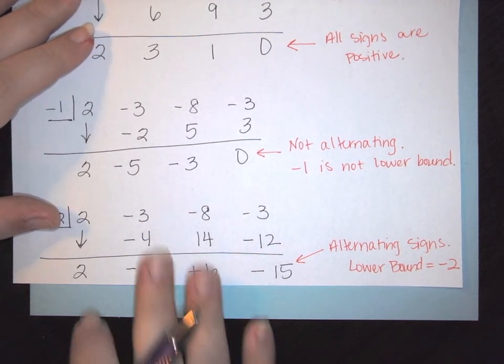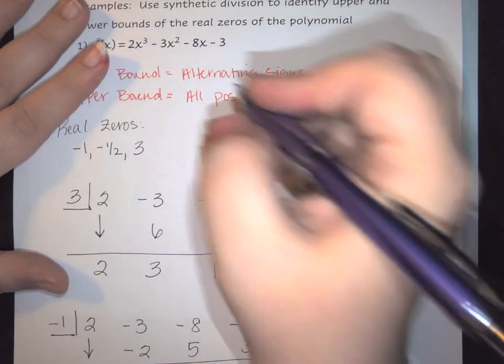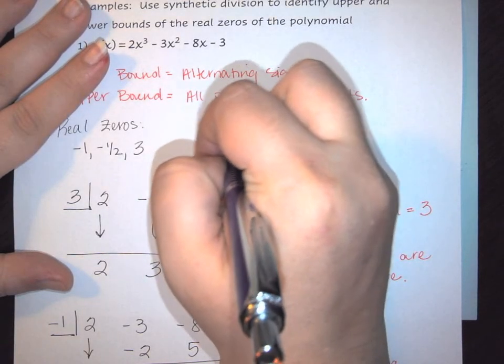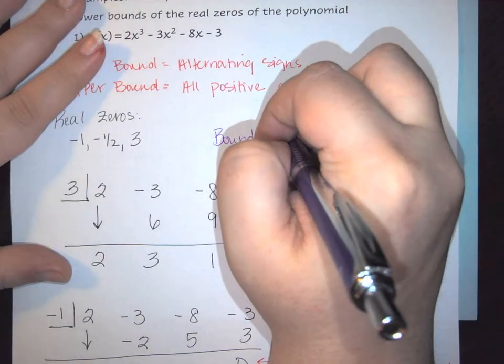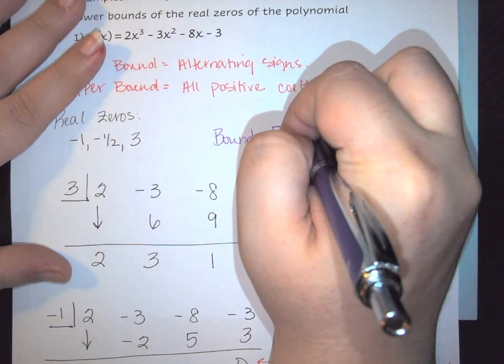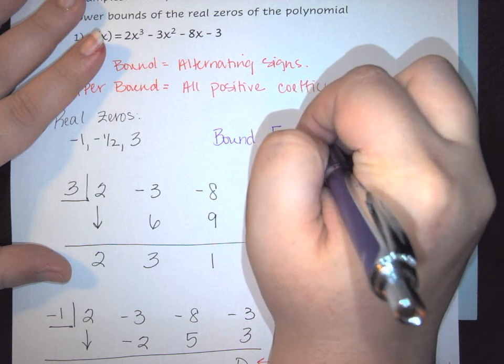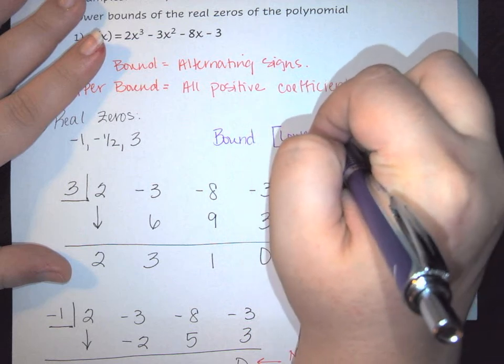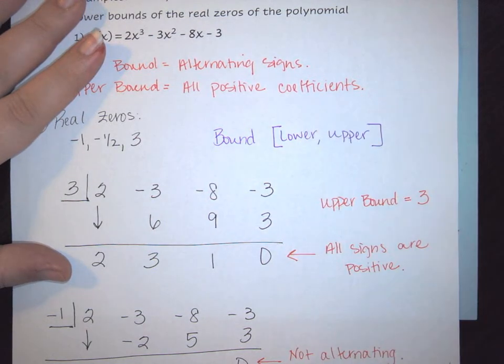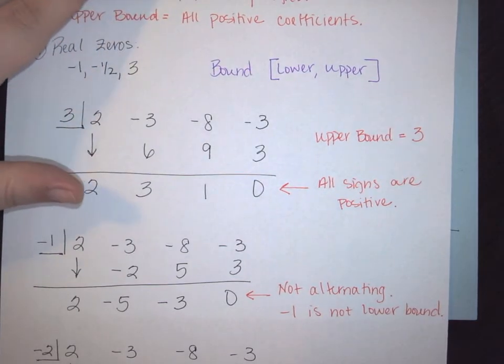Okay. So that's really all that you would need to know about trying to find upper and lower bounds. Again, you're going to find your real zeros. After you find your real zeros, you're going to test your upper bound by looking at your largest, most positive number. You want to make sure that all the signs after running synthetic division are positive.